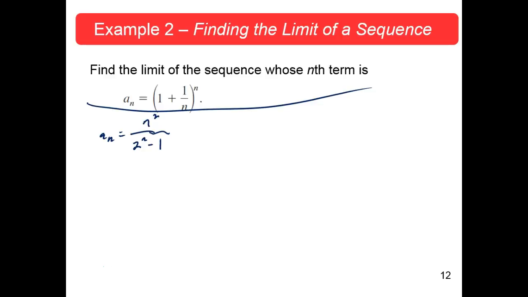Well, one way, remember, we can change a sequence to a function. What would be your f of x then? x squared over 2 to the x minus 1. Okay? And we could let this x go to infinity.